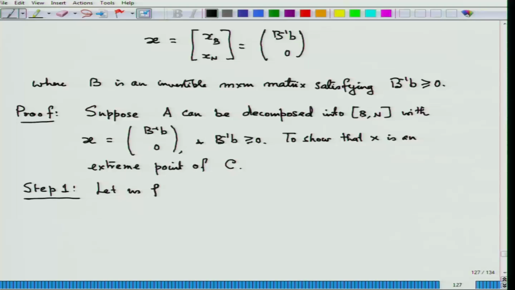So, let us first show that x is in C. To show that, let me compute A of x.